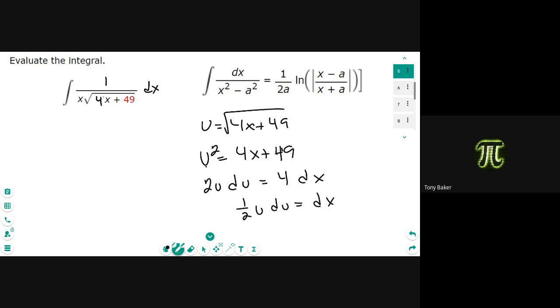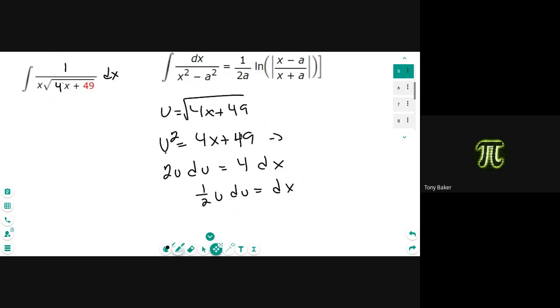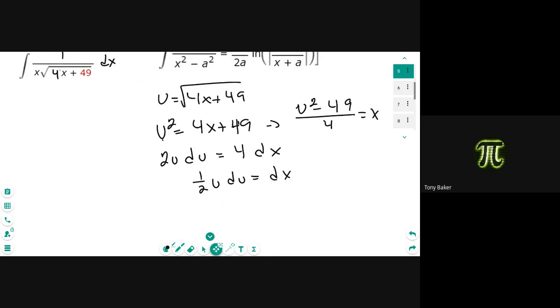All right. And then we can solve this for x, and we get u squared minus 49 over 4 equals x. All right.